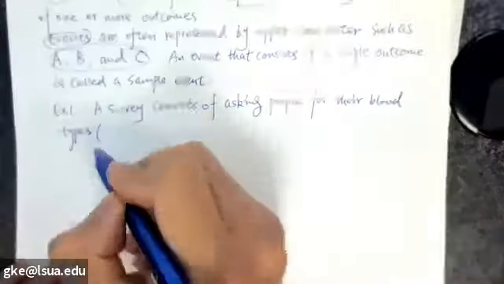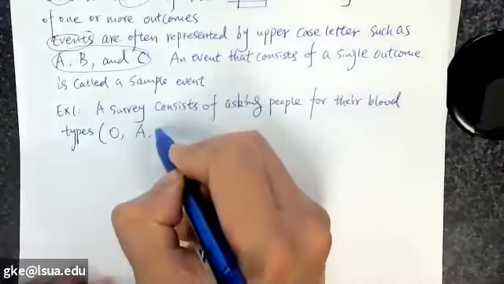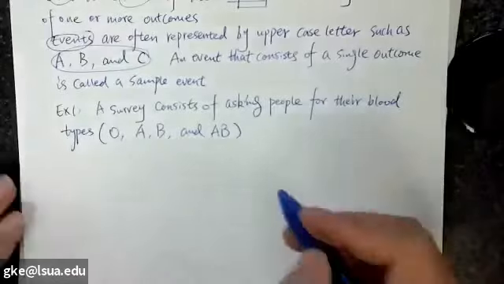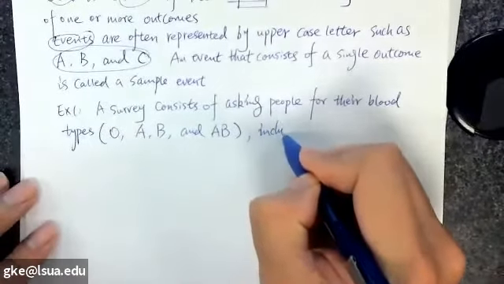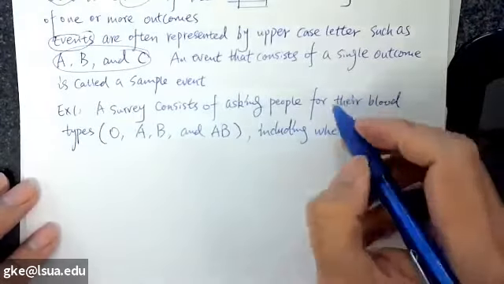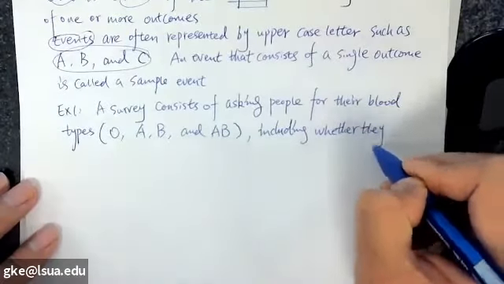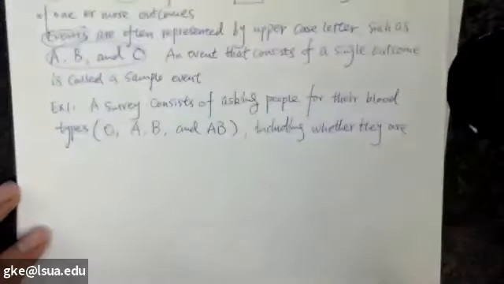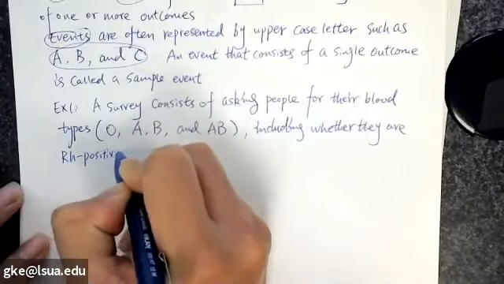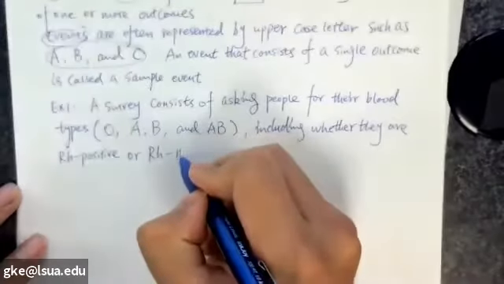As we know, the blood types can be O, A, B, and AB, including whether they are RH positive or RH negative.